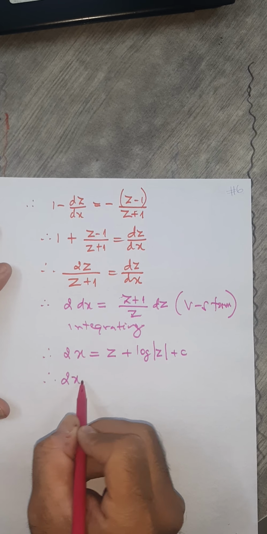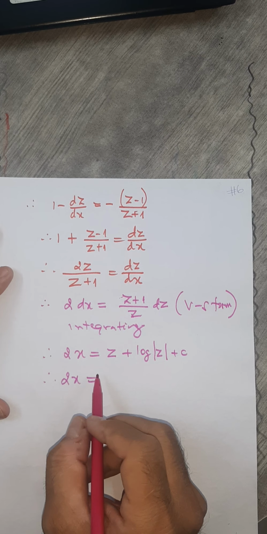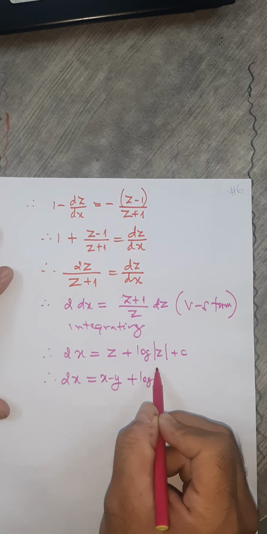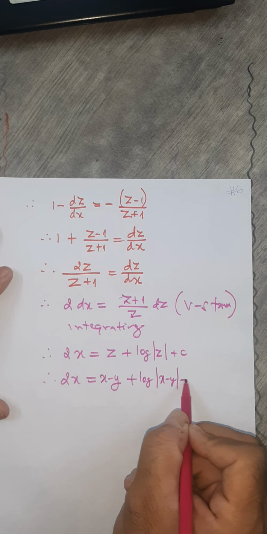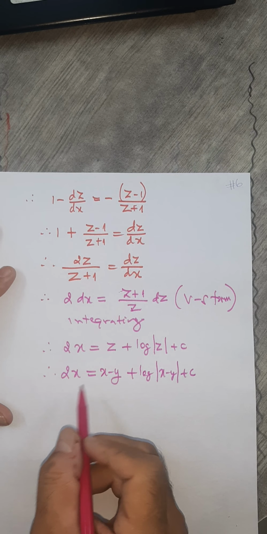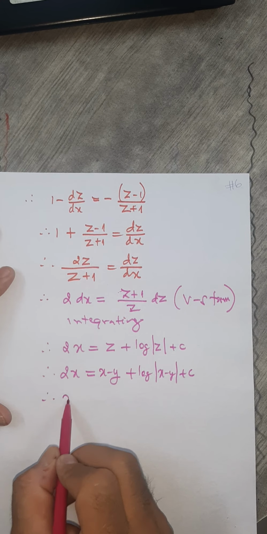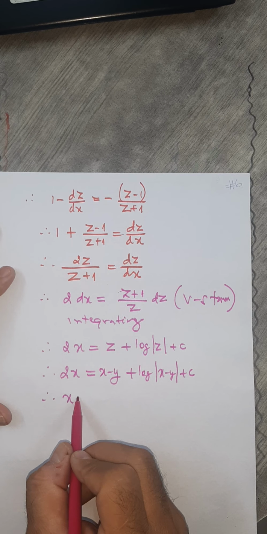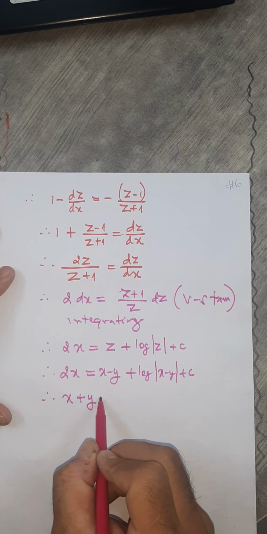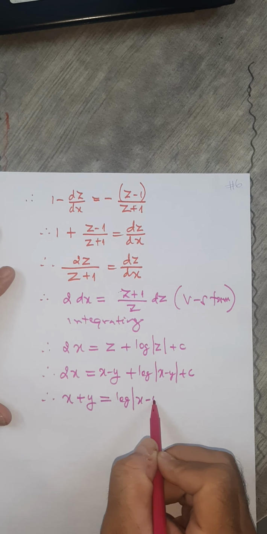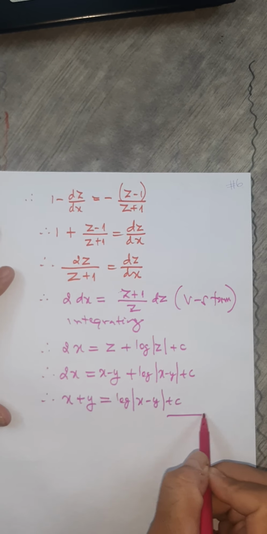Now just go back, what was z? You know z was x minus y, plus log of x minus y plus c. And if I take both terms over here, this will be just 2x minus x plus y equals log of mod of x minus y plus c.